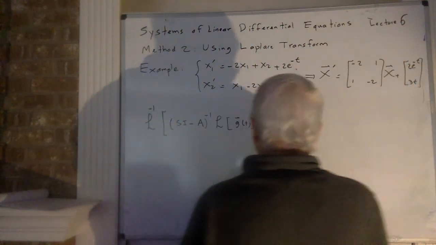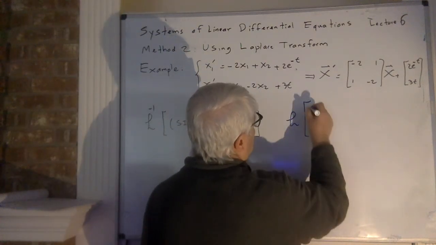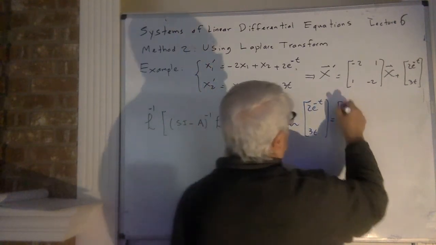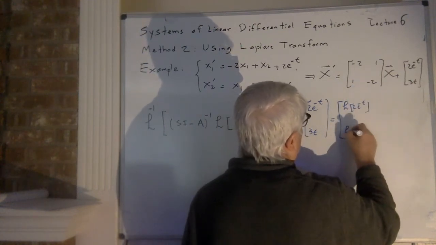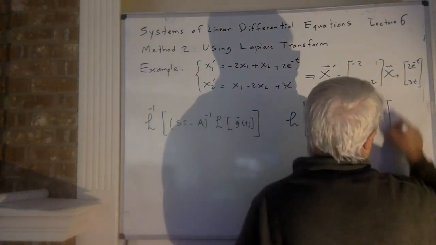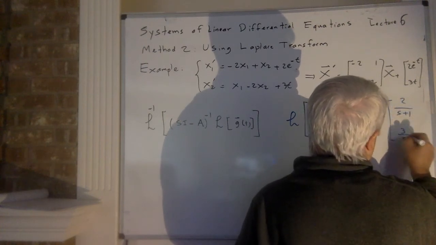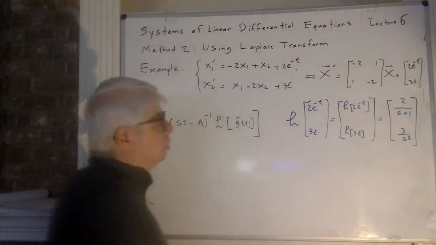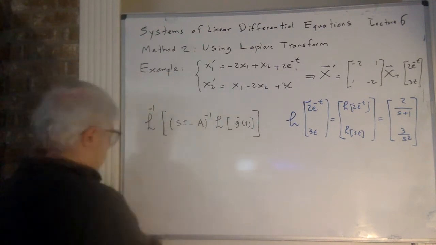So let's find the Laplace of g(t), the Laplace of 2e to the power negative t and 3t, each one separately. That is in fact 2 over s plus 1 and 3 over s squared. So we also need the inverse of this.